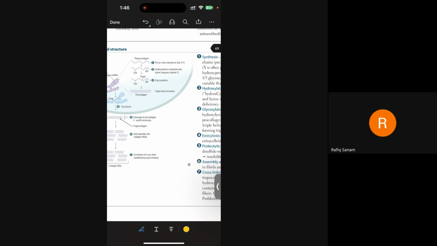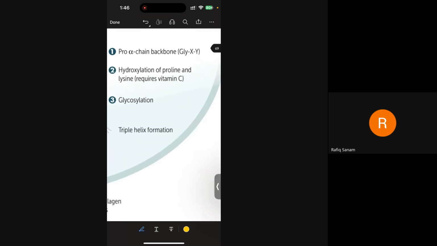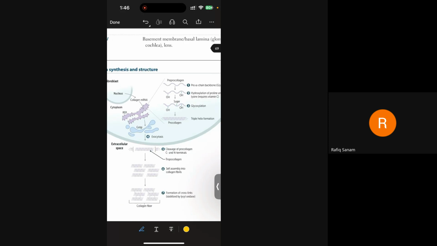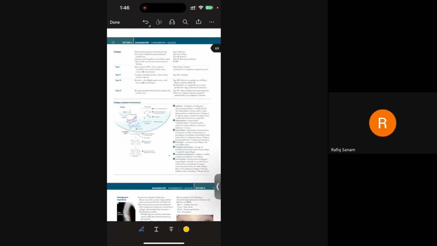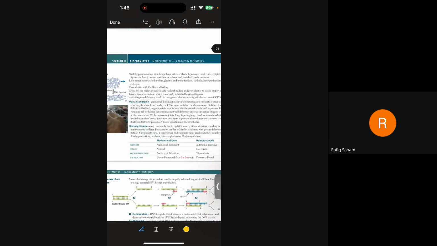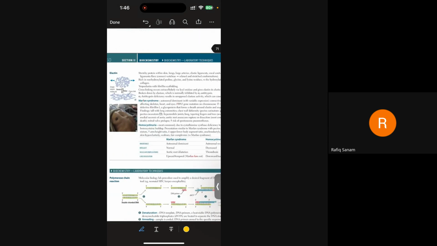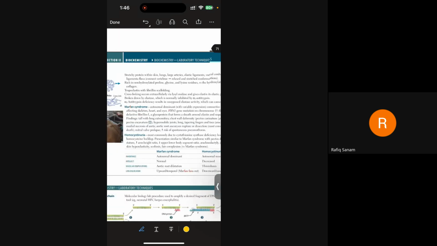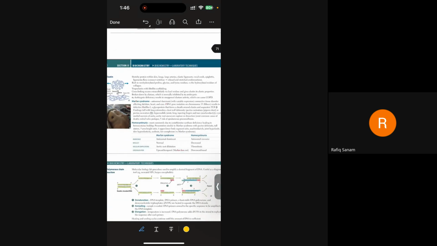Heavy post-translational hydroxylation also occurs in collagen. Where is the elastin? See: cross-linking occurs extracellularly via lysyl oxidase and gives elastin its elastic properties.